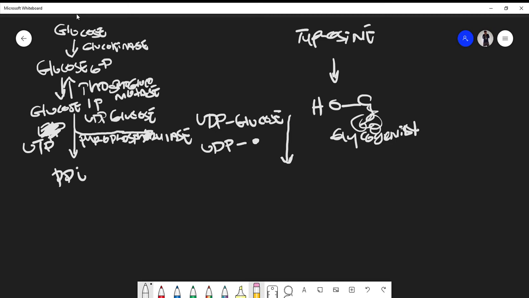So essentially we have glycogenin with the oxygen, forming these glucose residues on its tyrosine chains. It's using UDP glucose, taking the glucose off to attach to the tyrosine residues, and it's releasing UDP as a byproduct.